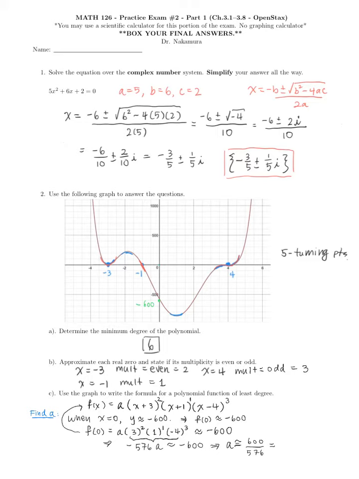Now if you reduce that, I believe that we should get 25 over 24. So that's going to be the value of your a. All right, so finally our answer, so therefore I'm just going to write the answer over here. Our f of x is going to look like 25 over 24, and then x plus 3 squared, x plus 1, and then x minus 4 to the third. So that's going to be our answer right here.